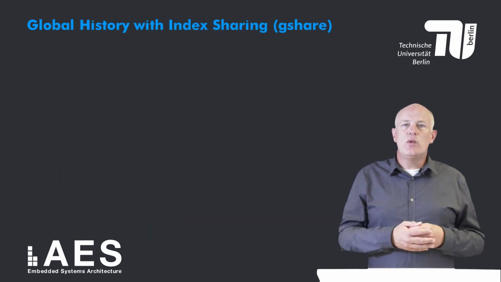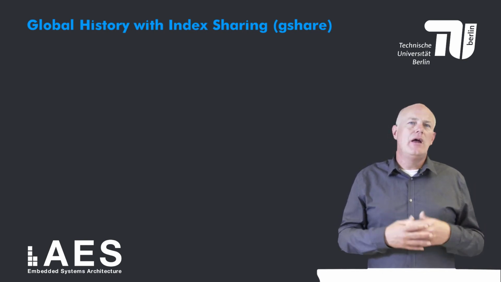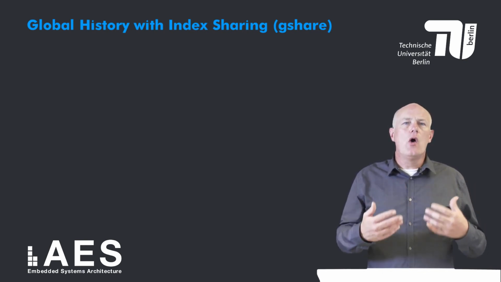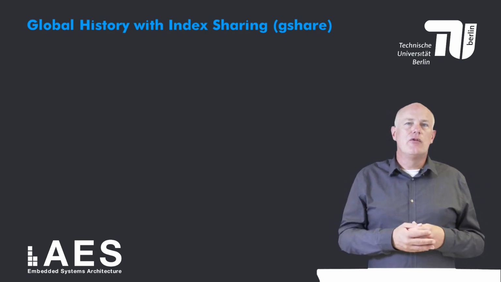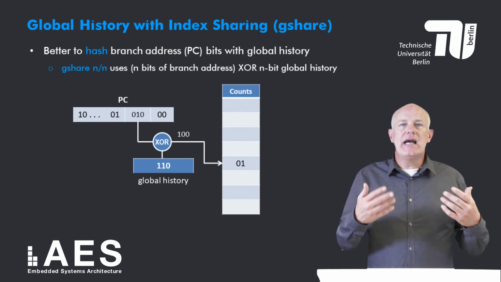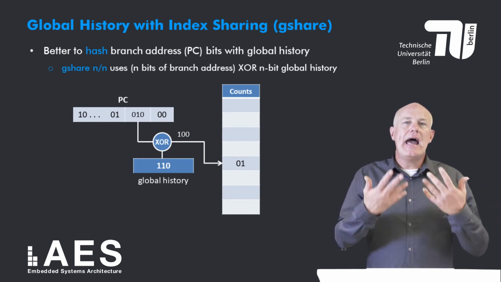To fix this situation, a branch predictor different from gselect is usually employed. This predictor is called global history with index sharing, or gshare for short. Instead of concatenating the PC bits with the global history, it hashes them.